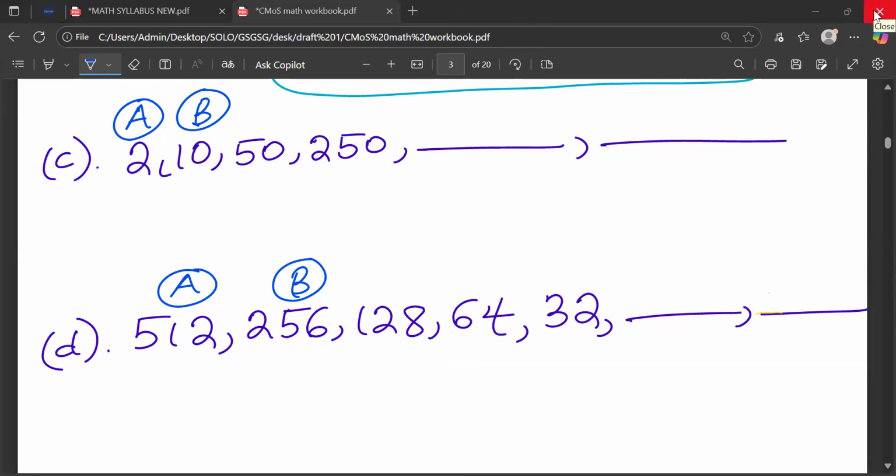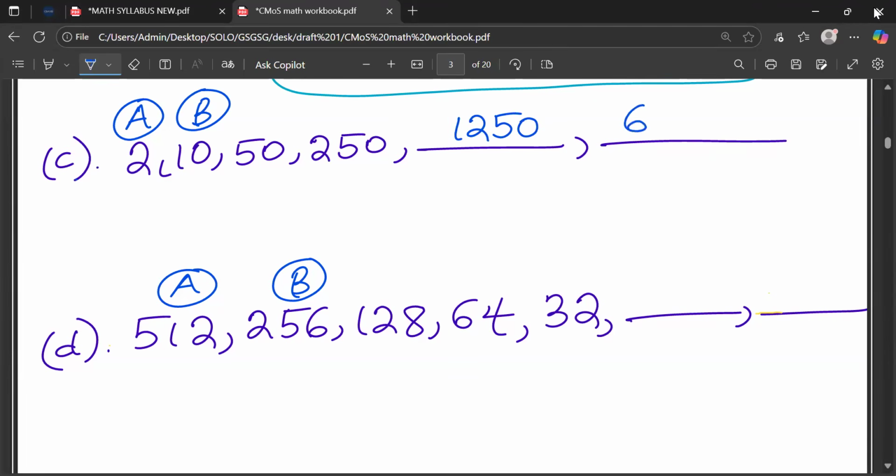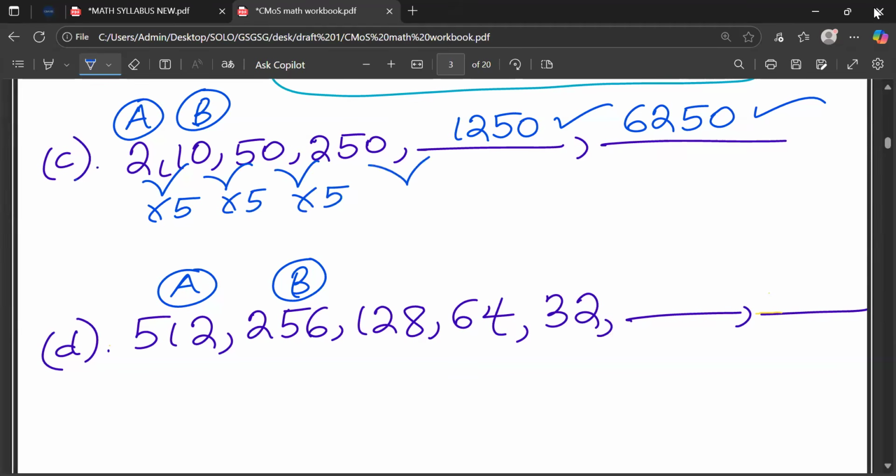You go to part D. This one, people have given me this. And these values are correct. Why? Because people have realized it is multiplied by 5, times 5, times 5. Then the last ones.